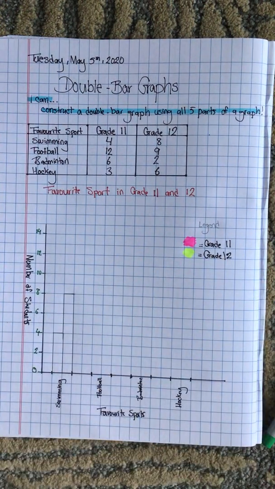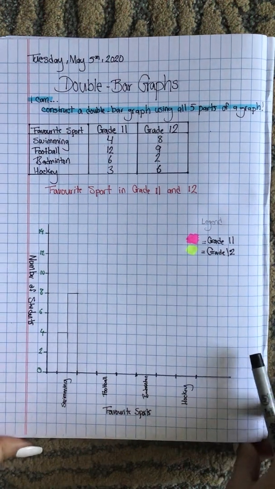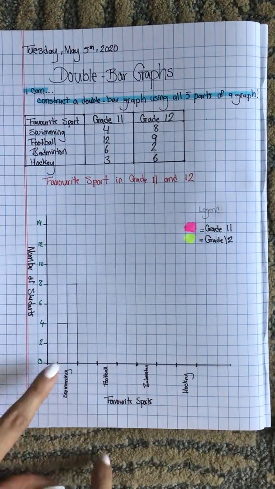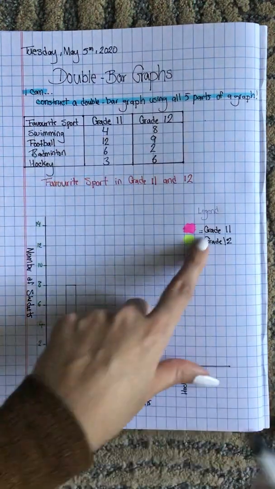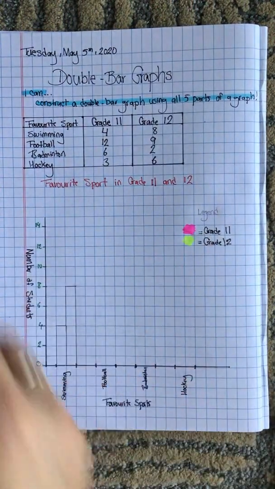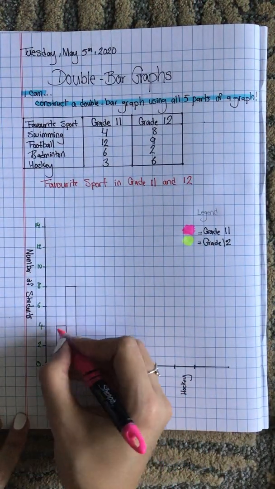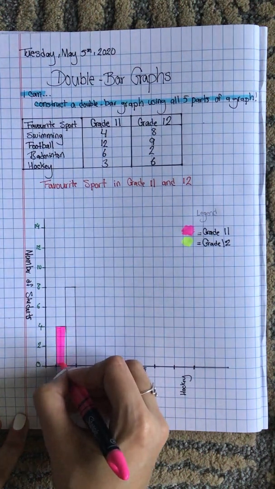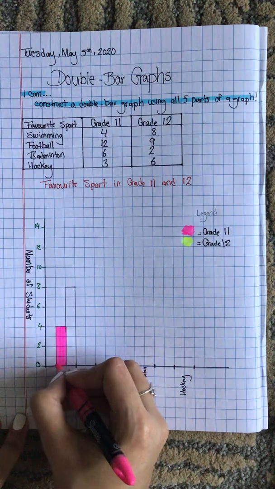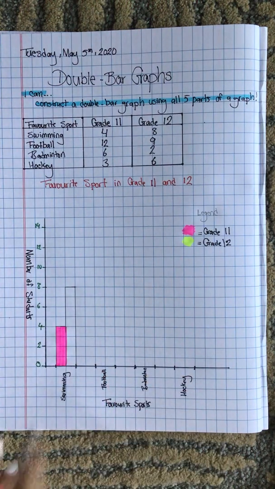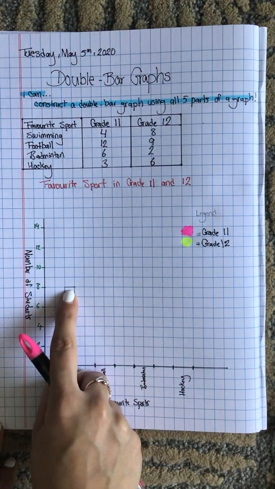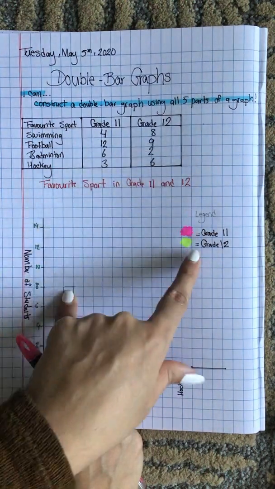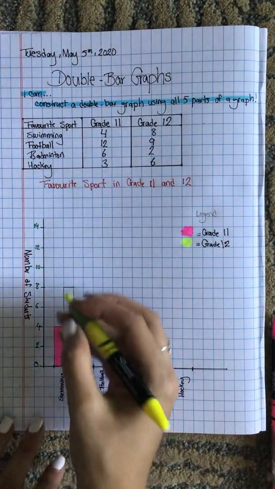Okay? That's the difference. So now let's color this. My 4 was for grade 11, so this needs to be colored pink. So I'm going to color this pink. Okay. And then the other bar next to it, 8, is for grade 12. So that needs to be yellow.